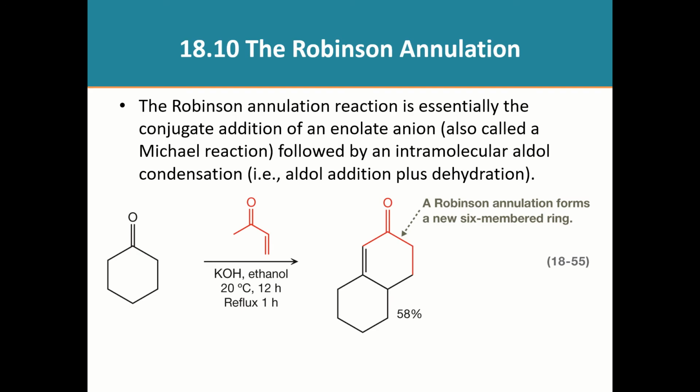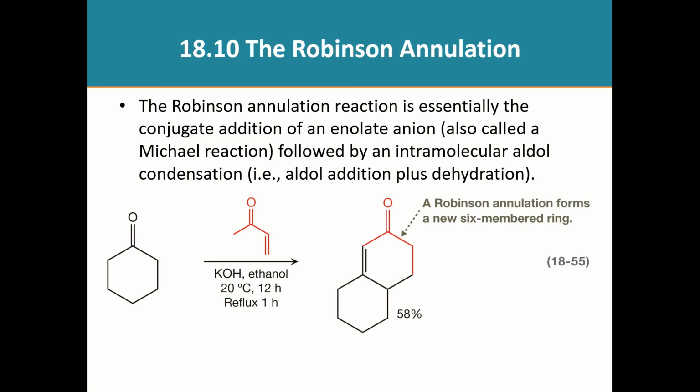Another reaction is a named reaction, which is called a Robinson annulation. And in a Robinson annulation, what you're doing is forming a 6-membered ring. All right. So you see how it's all color-coded where all of the pieces are coming from. Okay.